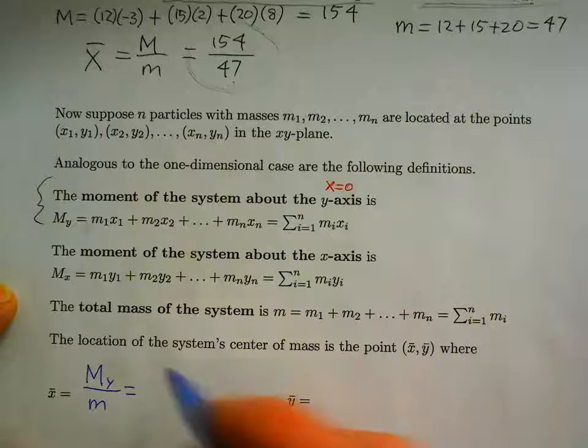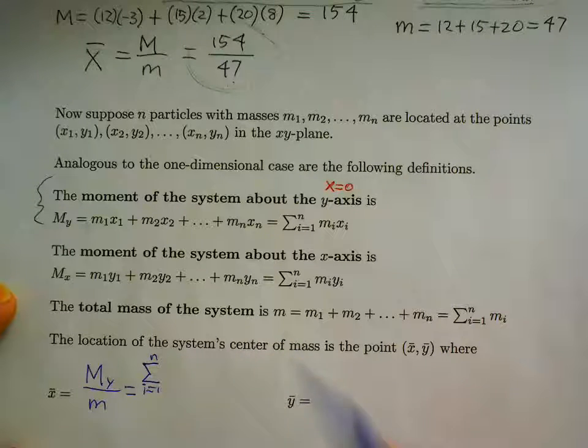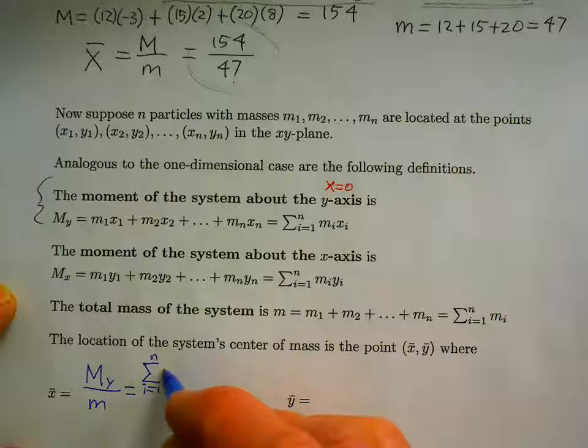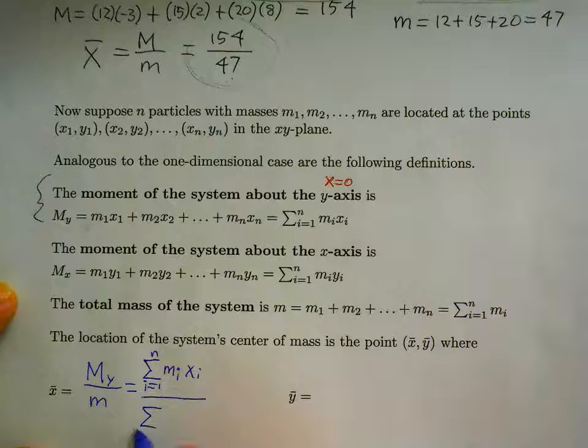And using the sigma notation, the moment of the system about the y-axis is the sum from i equals 1 to n, and the terms are m sub i times x sub i, and divide by the total mass. So here we're just adding up the n masses from i equals 1 to n.